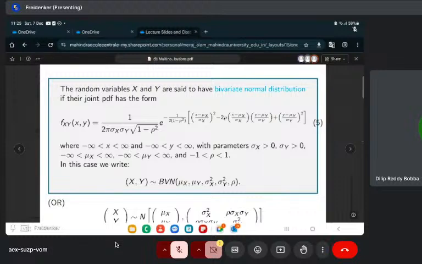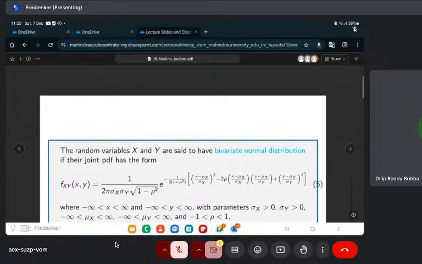Sigma x z1 plus mu x. And what was y? Sigma y rho z1 plus under root 1 minus rho square z2 plus mu y, something like that. Let me see.